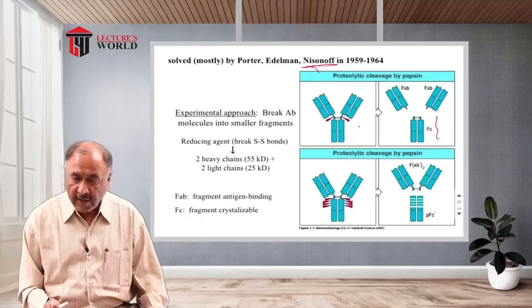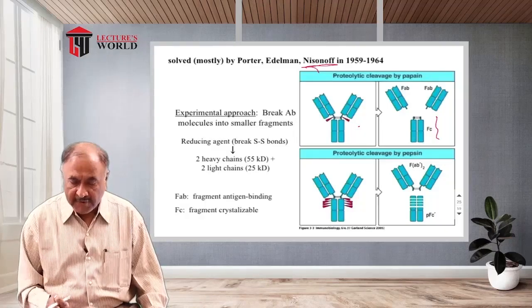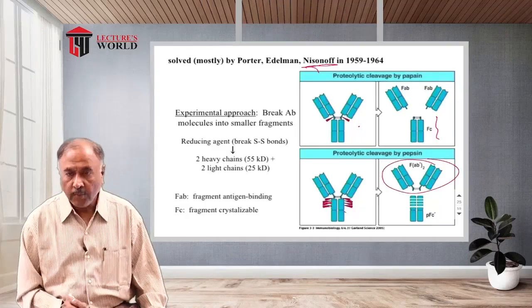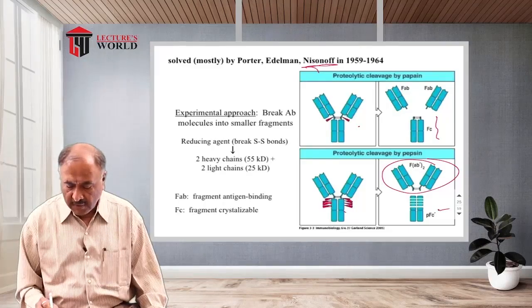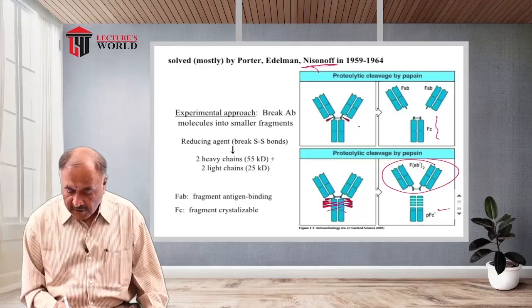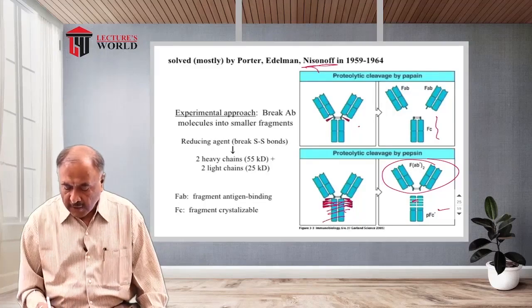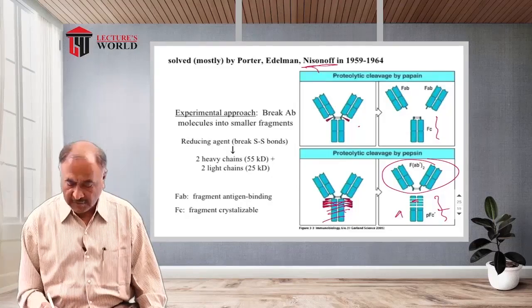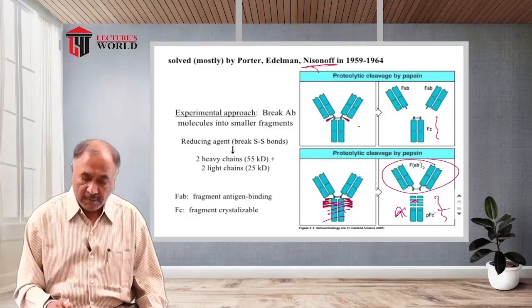When proteolytic cleavage by pepsin is done, it attacks here, and what you have got is FAB2, and this is the FC region. But this is digested here, and therefore it is entirely digested. This is not at all in existence. Only the FAB2 region.